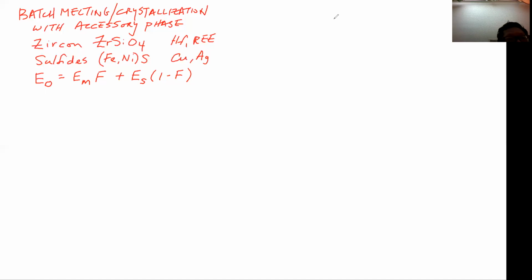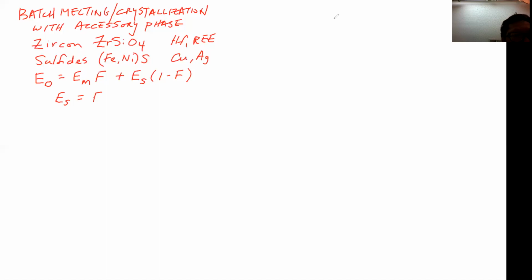Now, ES, the concentration in the solid fraction, can be broken apart into two components.